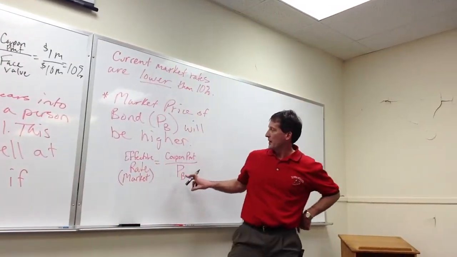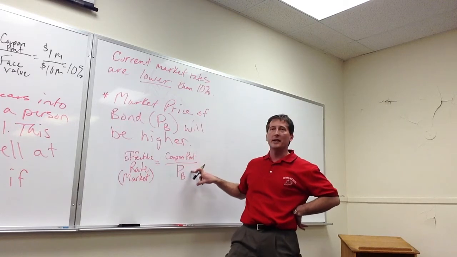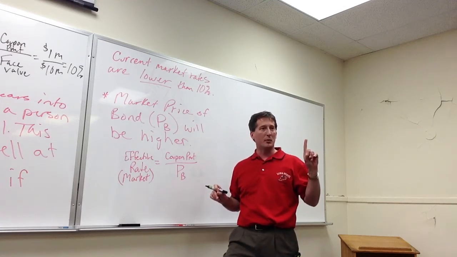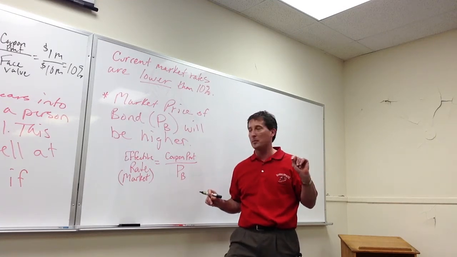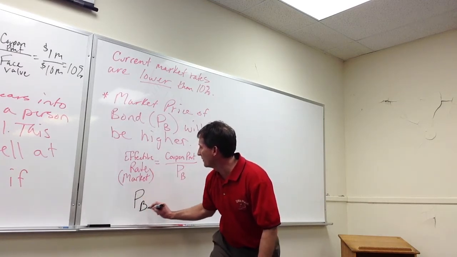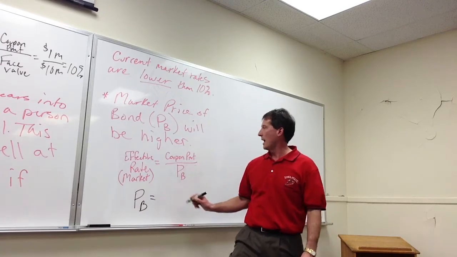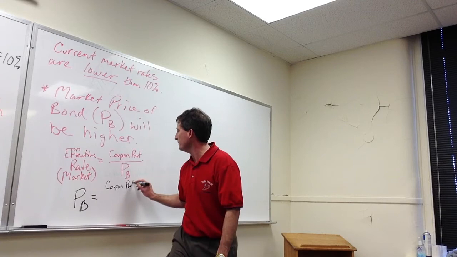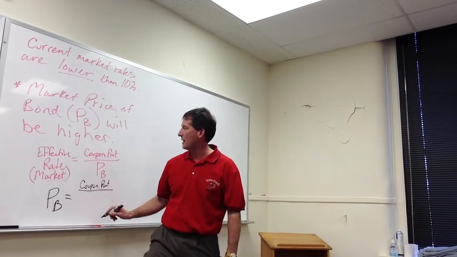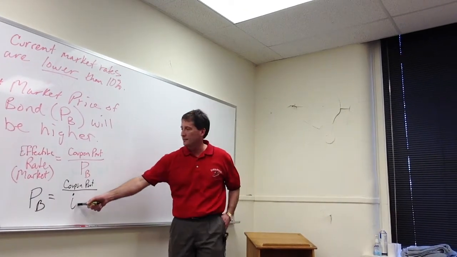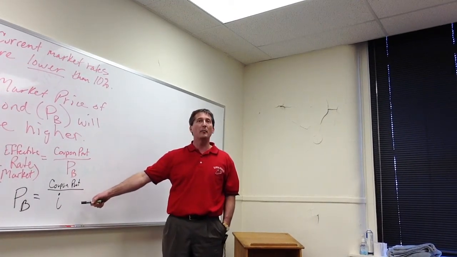this little ratio, and put this guy up here and this guy down here, we start to uncover an important principle with bonds. The inverse relationship between interest rates and the price of a bond. So I'm going to just put PB over here, and if I take my coupon payment and divide it by my interest rate, and let me just put our little I that we used before, the nominal rate of interest.